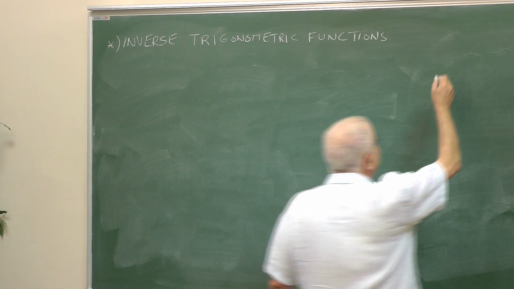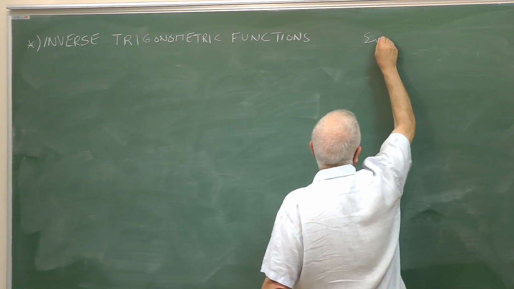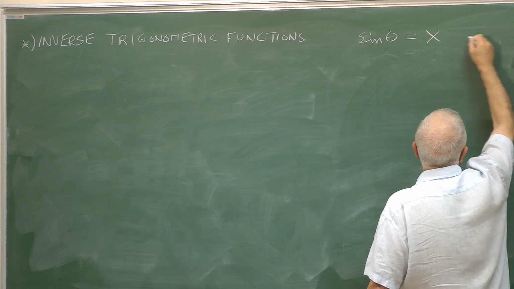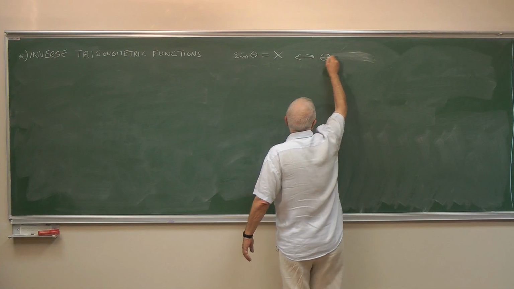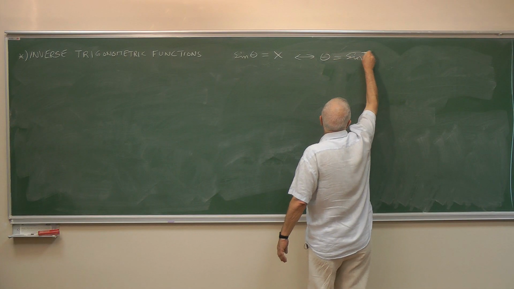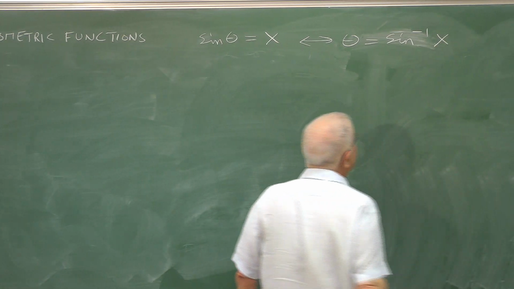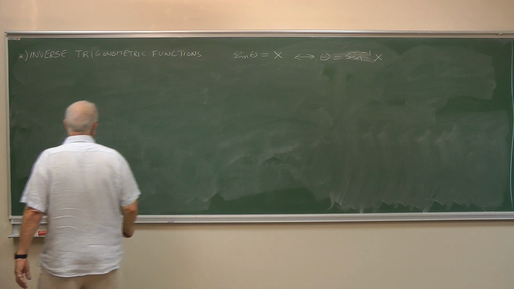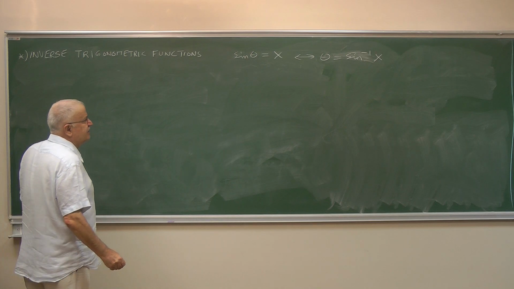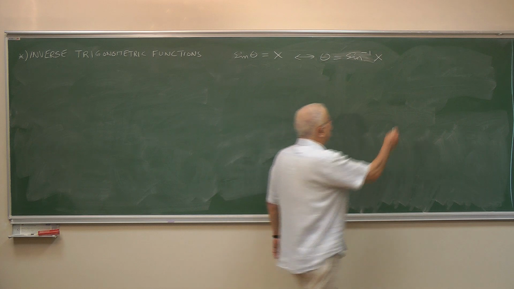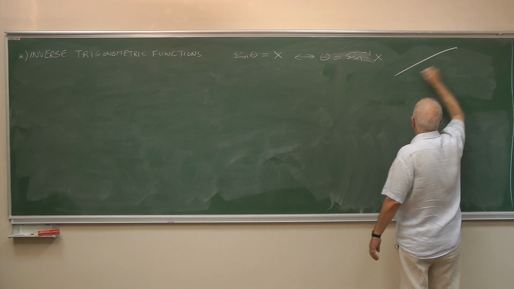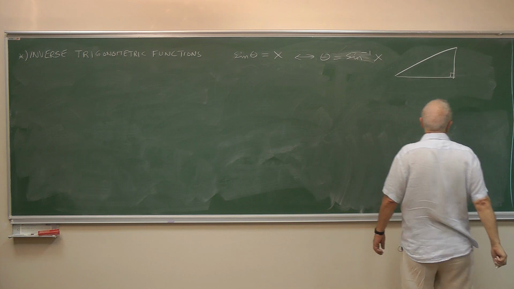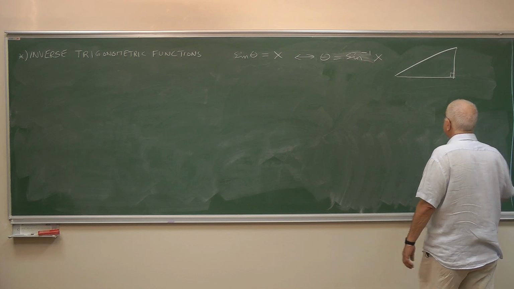Basically, it's this. If sine theta equals to x, then theta equals to arc sine x, or inverse sine x. A nice way to visualize this would be to draw a nice triangle, a right triangle with 90 degrees here.